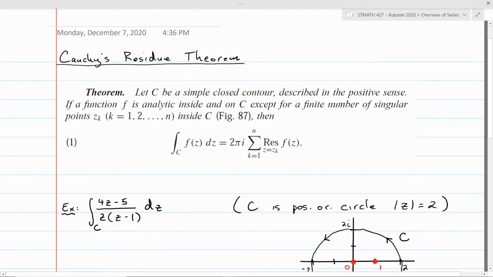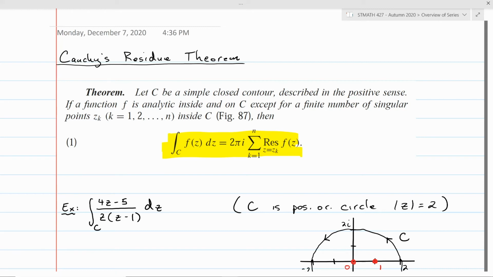Now, if that's the case, then you can do the integral around C of f using this formula. It's 2 pi i times the sum of the residues at each of those singularities. So if we can find those residues by maybe doing some manipulation with series, then we get the integral.